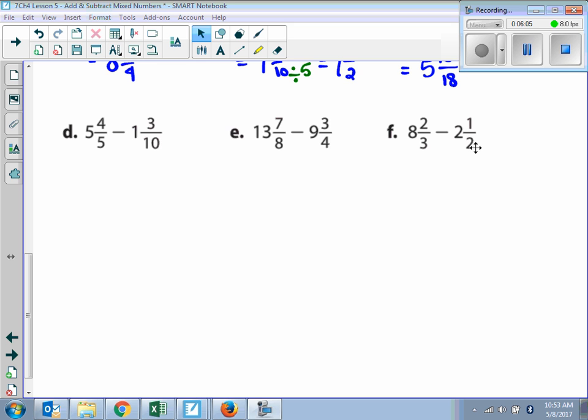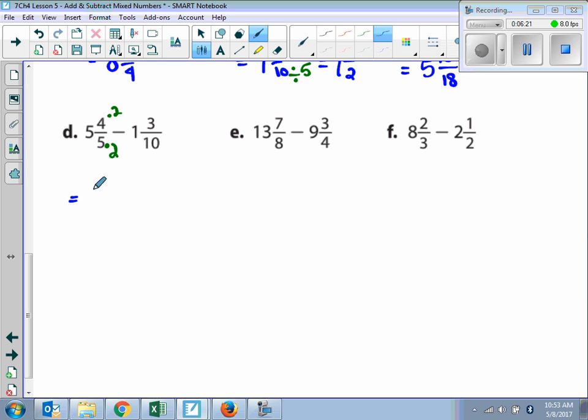All right, for D, once again, on all three of these, we need to get common denominators. The common denominator with 5 and 10 again is 10, so we're going to multiply times 2 and 2. Now we end up with 5 and 8/10 minus 1 and 3/10.